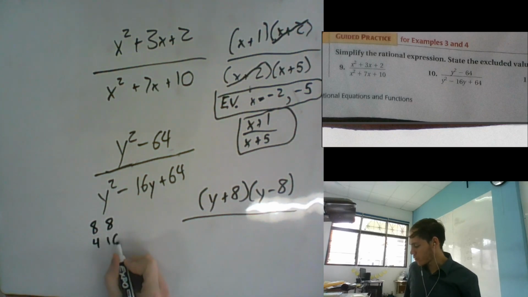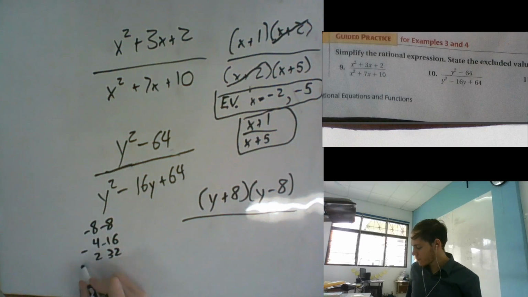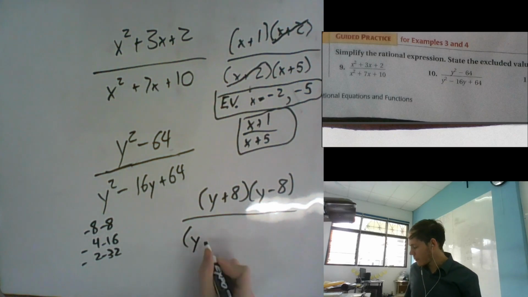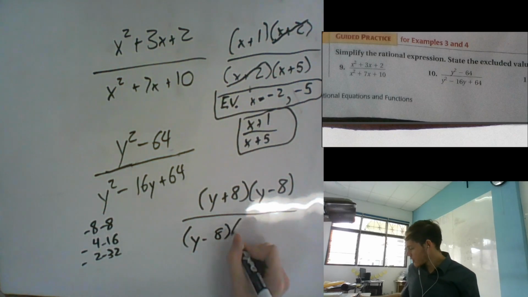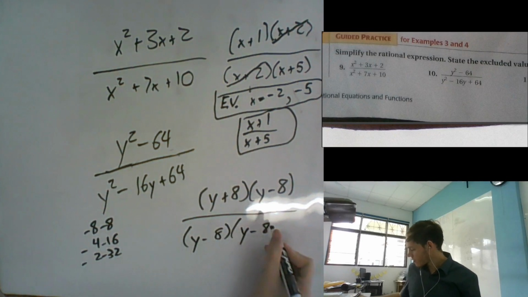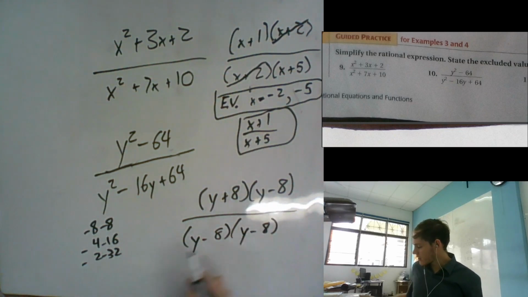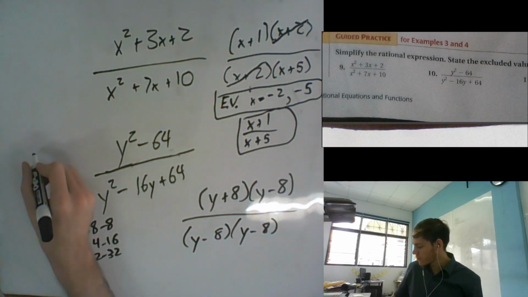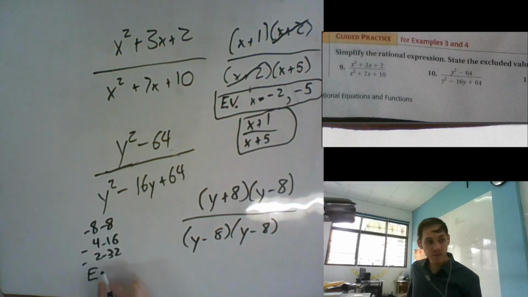There's going to be more. 4 times 16, 2 times 32, and it's impractical after this point. But this is negative, so we just put negatives in front of everything. And the only one that works is the negative 8. So you get y minus 8 times y minus 8. And so our EV, our excluded value, I'll put it right here.